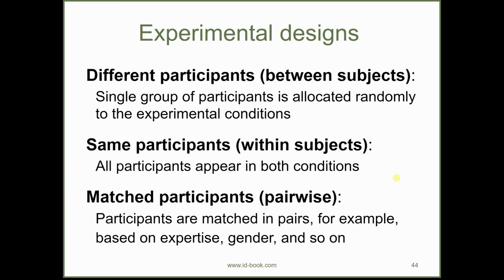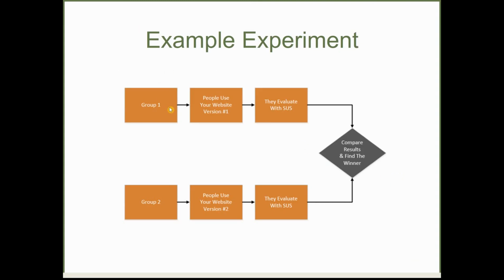There are different kinds of experimental designs, but we won't go into too much detail because this is another topic for another course, perhaps. You can have different participants, or you can have the same participants matched. What I'm trying to show here is that you might have one group of users interact with the first version of your website, and then ask them to fill out the system usability scale that I showed you last time. Then there might be another group. These two groups you can control.